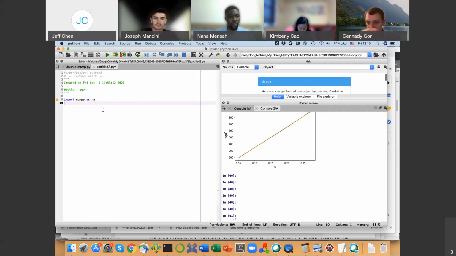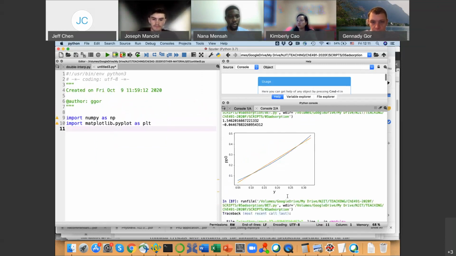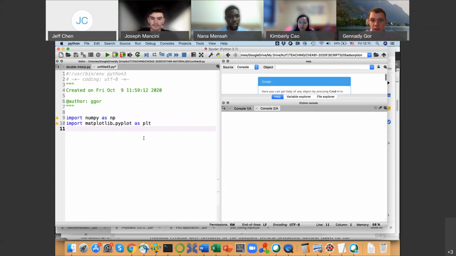In order to do that, we will need to use another module which is called matplotlib, and we will use the pyplot, and for the sake of shortness, we're going to call it plt. Let me make it a little bit larger, and here as well. This thing will let us use the math, and this thing will let us use the plotting.